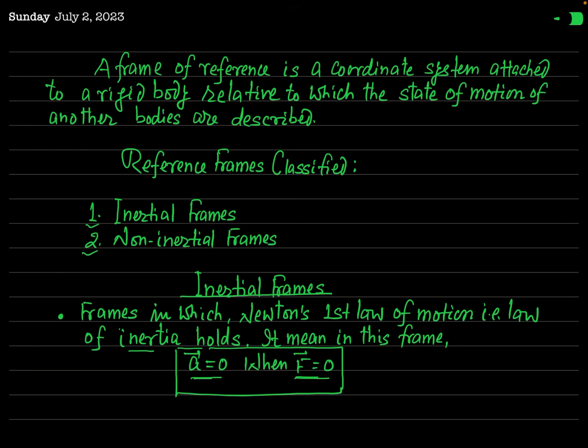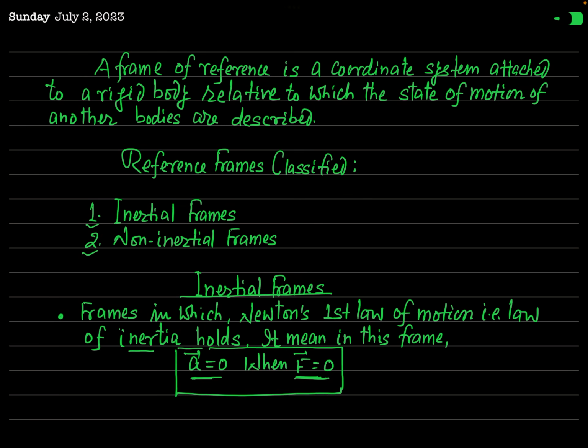It means if we consider a force-free body and measure its acceleration relative to a frame, and your answer is zero, that is, the acceleration measured with respect to a frame of a body on which the net force is zero is equal to zero, then you can say that in that frame Newton's first law of motion is valid, and such a frame is called an inertial frame.